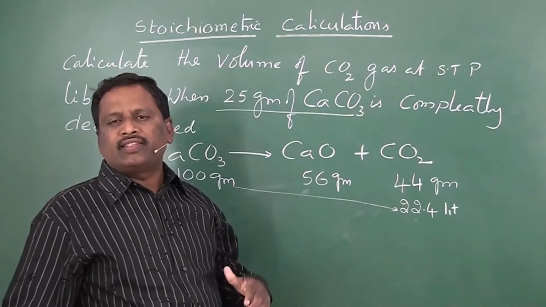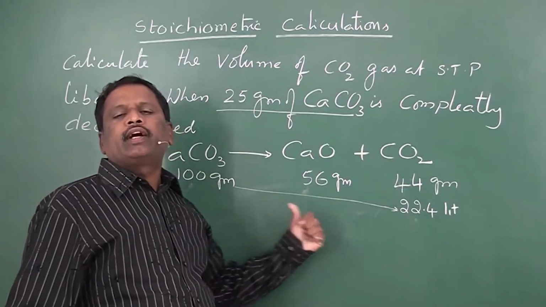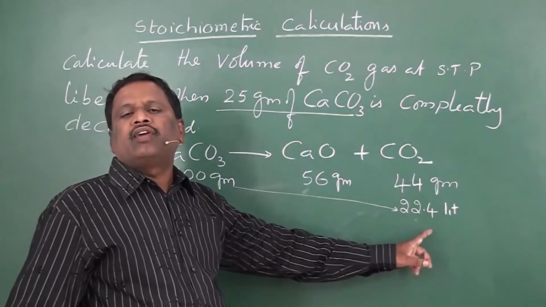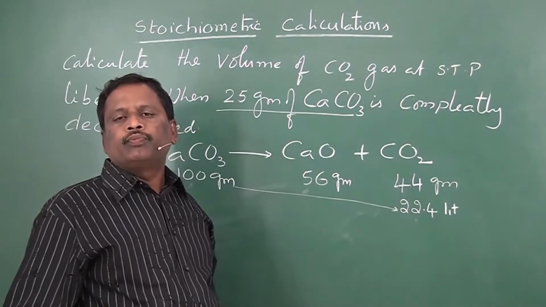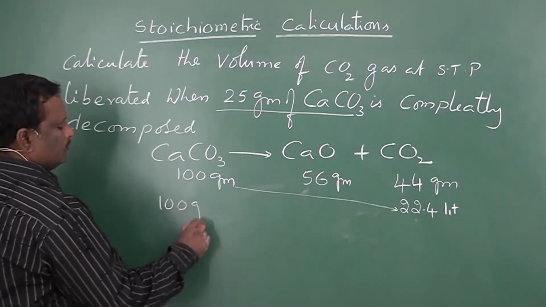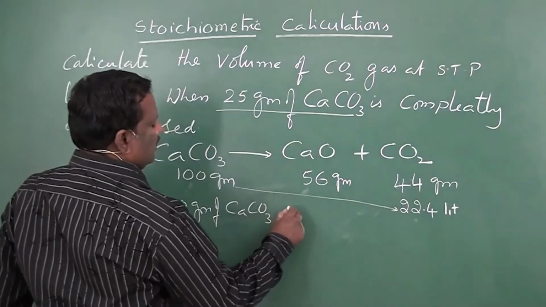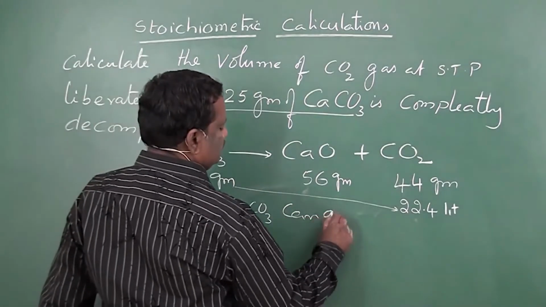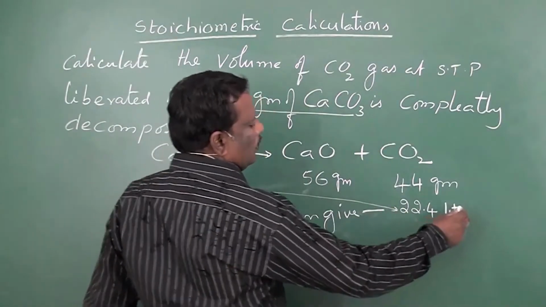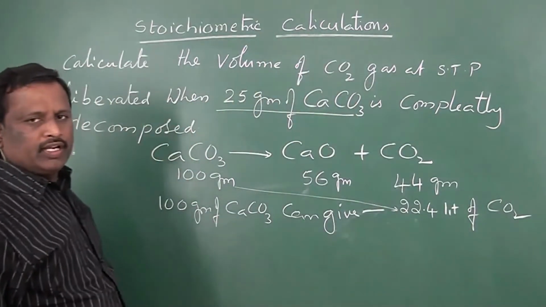So, in other words, 100 grams of CaCO3 on decomposition can give 22.4 liters of CO2 at STP conditions.